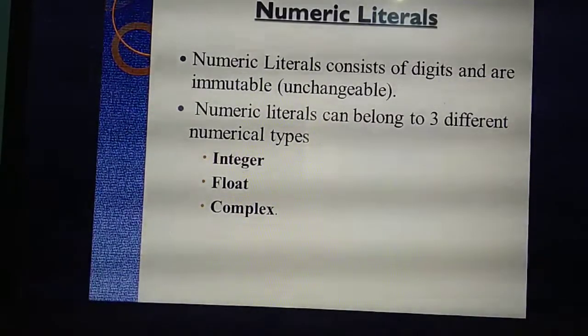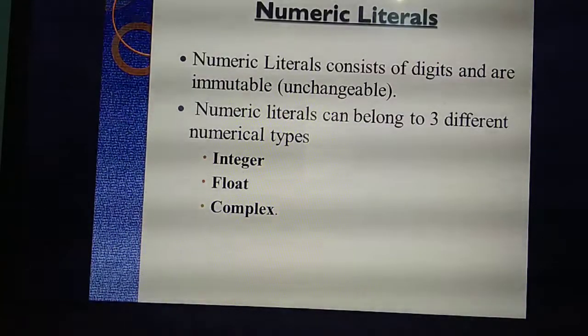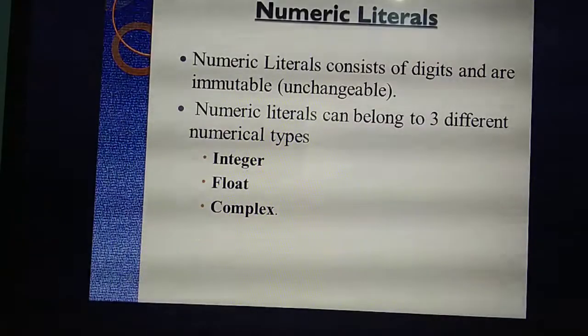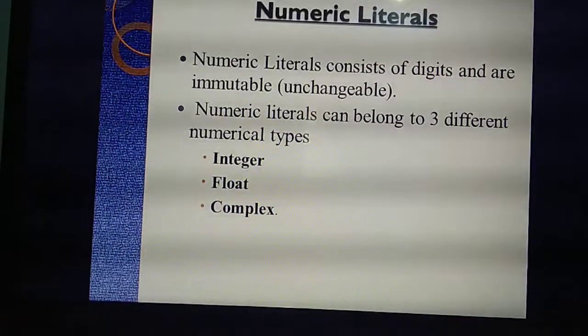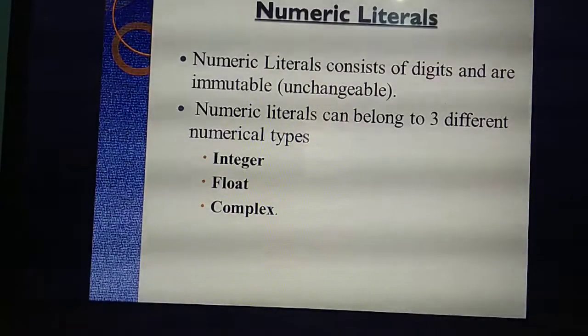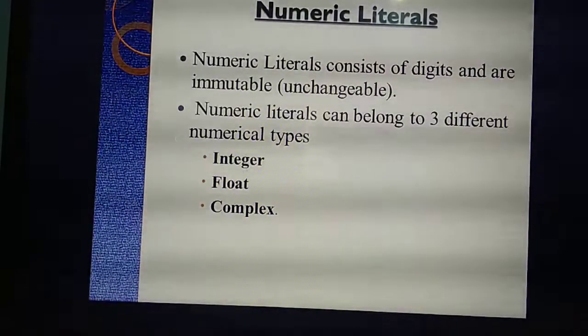That means once you define the number, you can't change the literal number. For example, Roman letters 1, 2, 3. Whether you can change the Roman letters according to your wish, or change the roll number in some different manner? No. That's a predefined format.